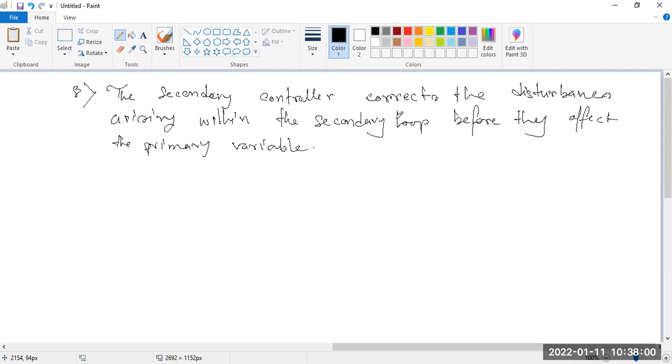Okay, the secondary controller corrects the disturbance arising within the secondary loop before they affect the primary variable.